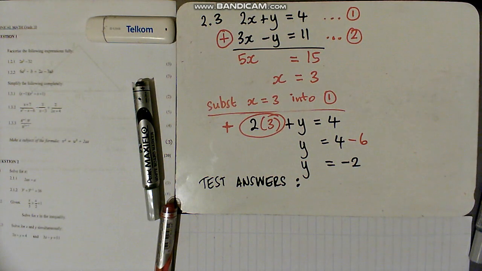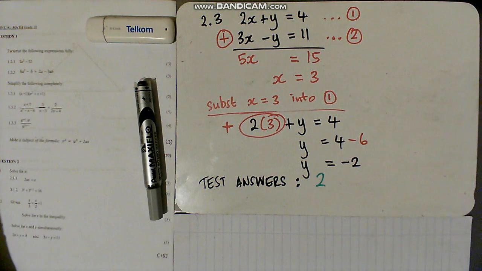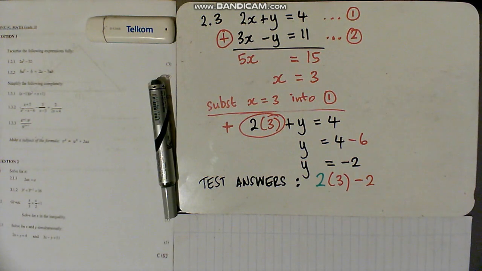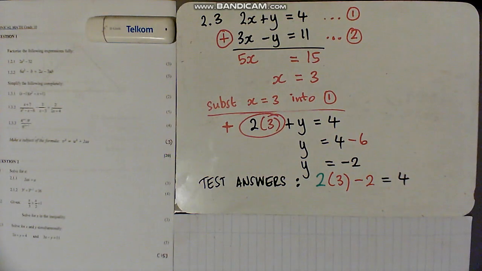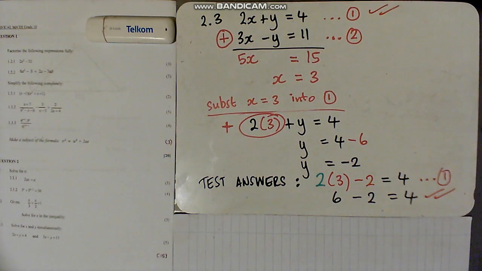I test the answers by substituting x is 3, y is minus 2 into the equation equal to 4. 2 times 3 is 6, minus 2 is equal to 4. Correct. So elimination is the quickest method if you know how to use it.